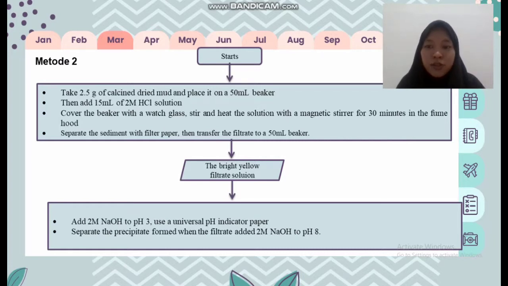Separate the sediment with filter paper, then transfer the filtrate to a 50 ml beaker. The product is a bright yellow filtrate solution. And add 2 molar NaOH to pH 3. Use universal pH indicator paper and separate the precipitate formed when the filtrate has 2 molar NaOH added to pH 8.